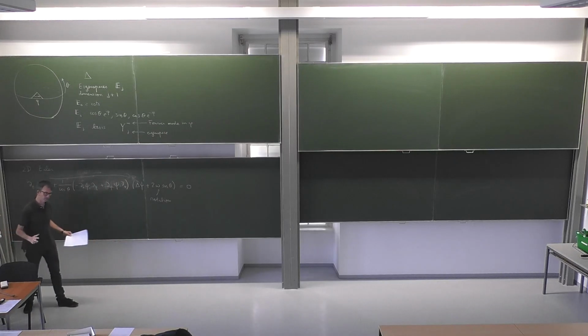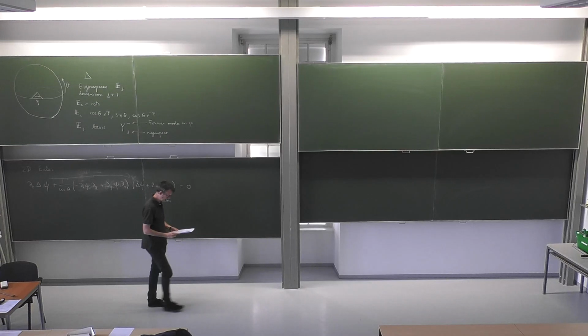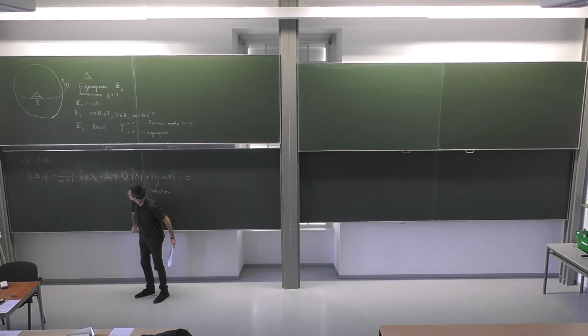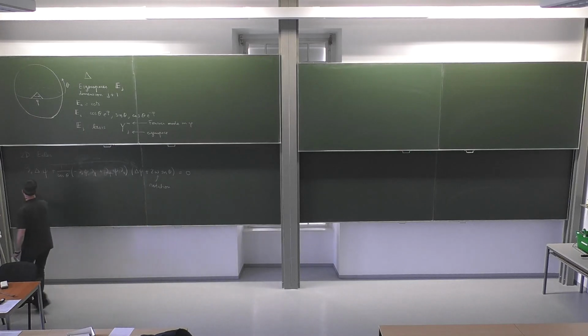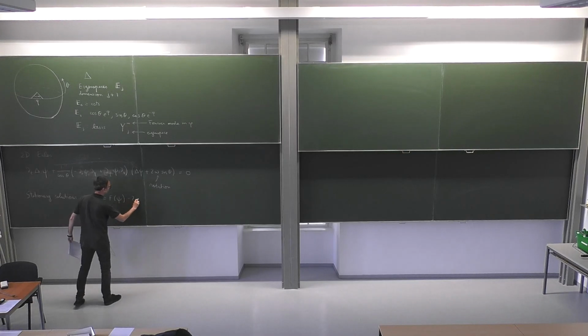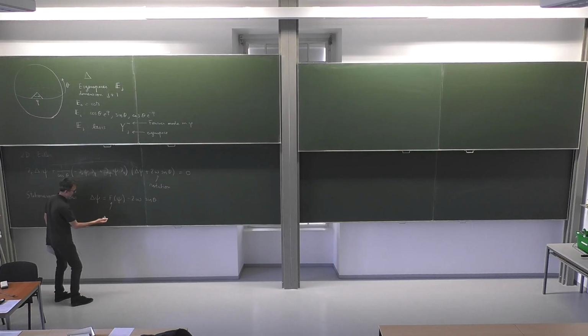Omega equals 0 corresponds to the Galilean frame. So we are particularly interested in stationary solutions. And they solve the following equation: Laplacian psi equals f of psi minus 2 omega sine theta. And here the function f can be any function.